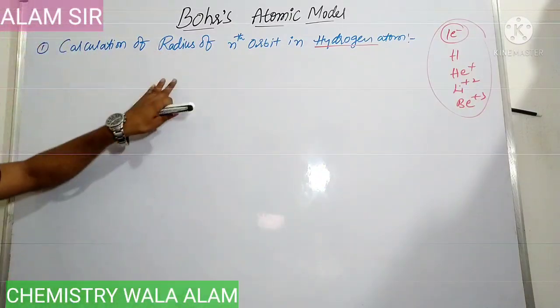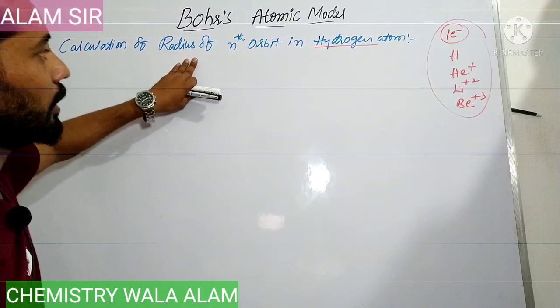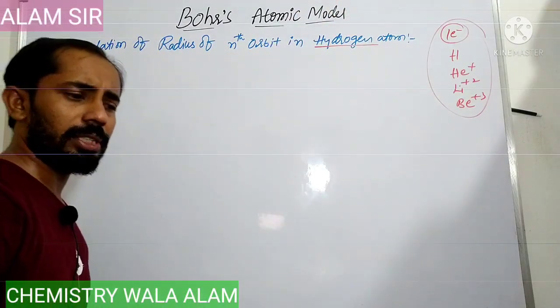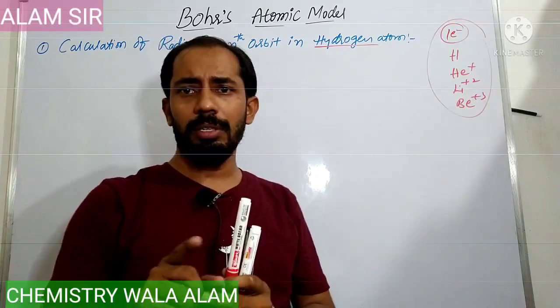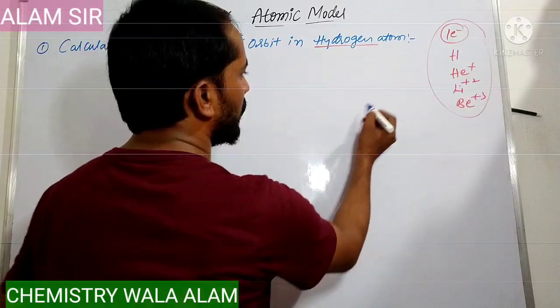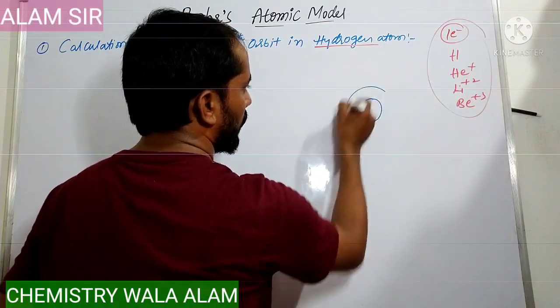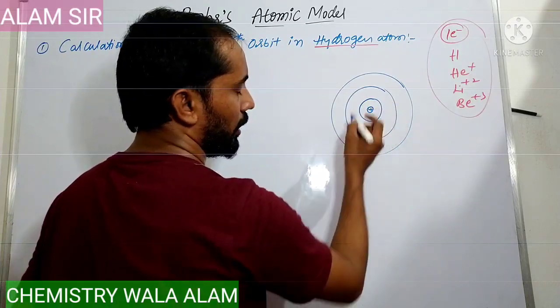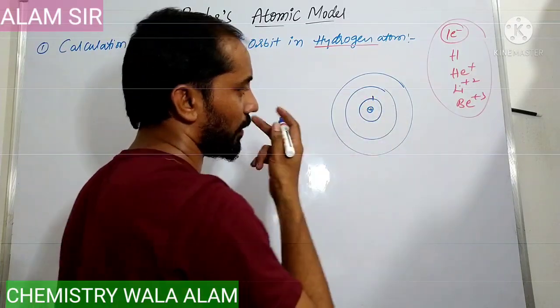Now here we will calculate the radius of the nth orbit in the hydrogen atom. Sir, hydrogen has only one orbit, no? Then why nth orbit? Even though it has only one shell, the nucleus is at the center of the atom and the electron is present in the first shell.